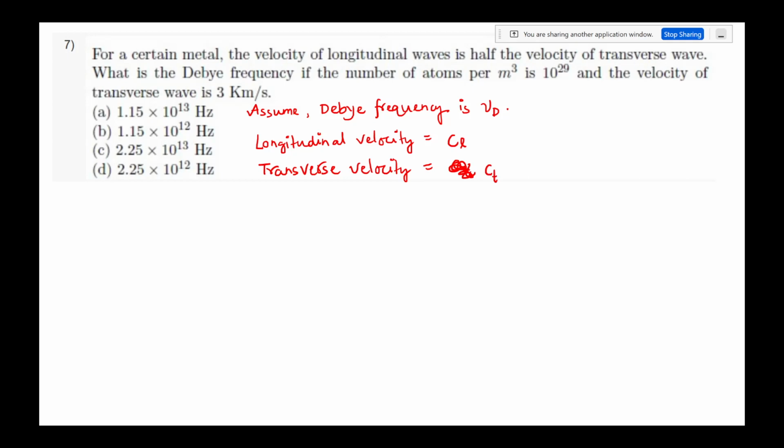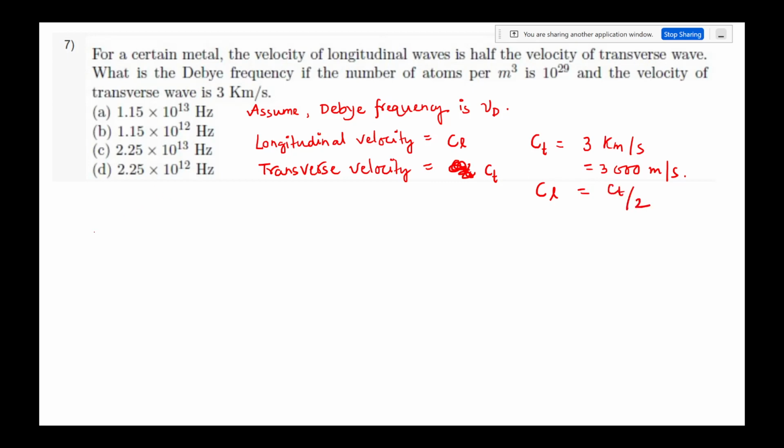It has been written that CT is equal to 3 km per second, which comes to be 3000 meter per second, and CL, longitudinal waves, is half of CT, right? Half the velocity of transverse, so CT by 2.